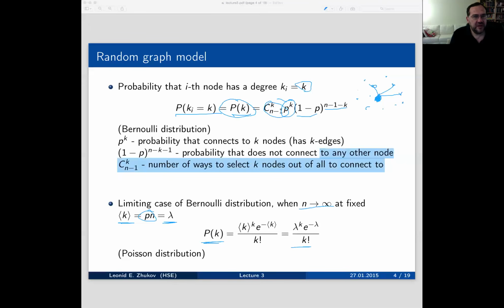If you have not, I would recommend you try it: take this binomial coefficient, write it down through factorials, express the factorials through Stirling's formula, and in the limit of large n you can get this. It's a good exercise to do.